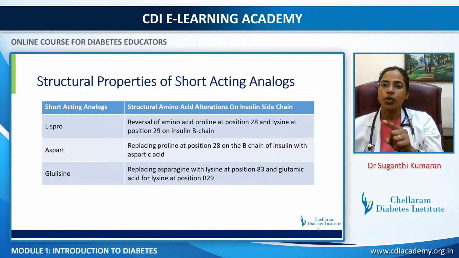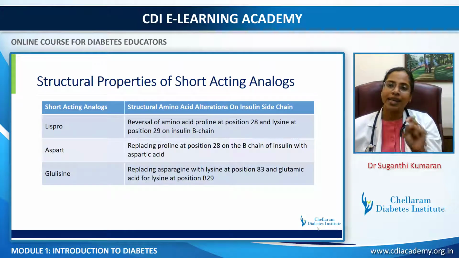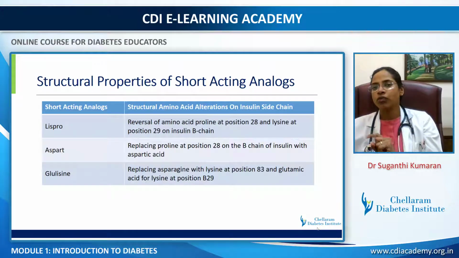What happens is in position 28, instead of proline, lysine is present. And instead of lysine in position 29, proline has been substituted. Hence, this becomes the Lispro insulin. The other kind, aspart insulin, here the proline in position 28 on the beta chain or the B chain of insulin is replaced by aspartic acid.